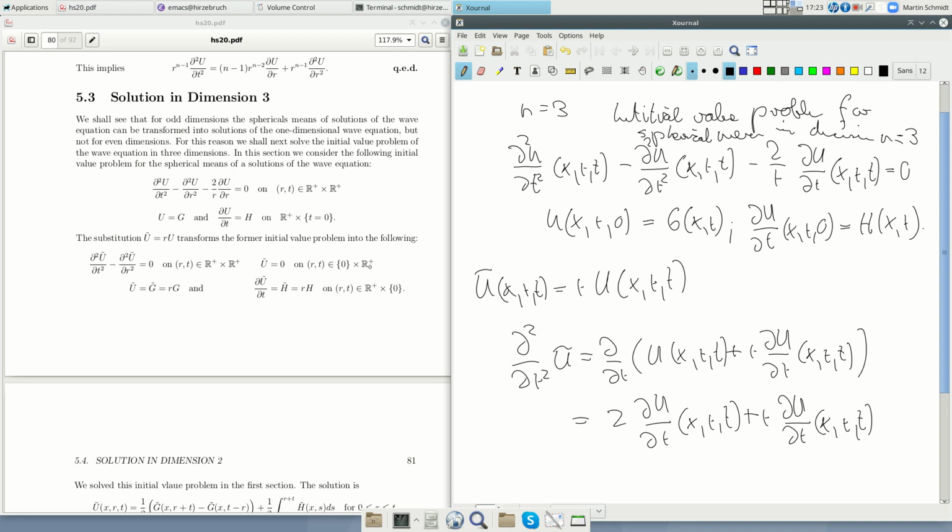If we rewrite this and divide by r, then we get exactly this equation here.